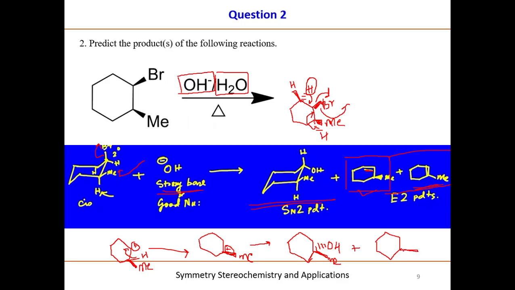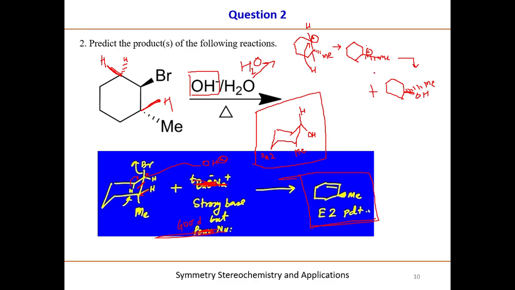Stereochemistry will not remain the same after carbocation formation. That's why you will get both products. It will become planar.